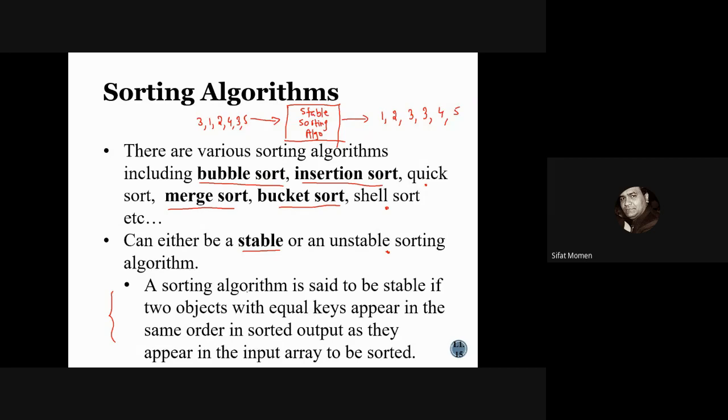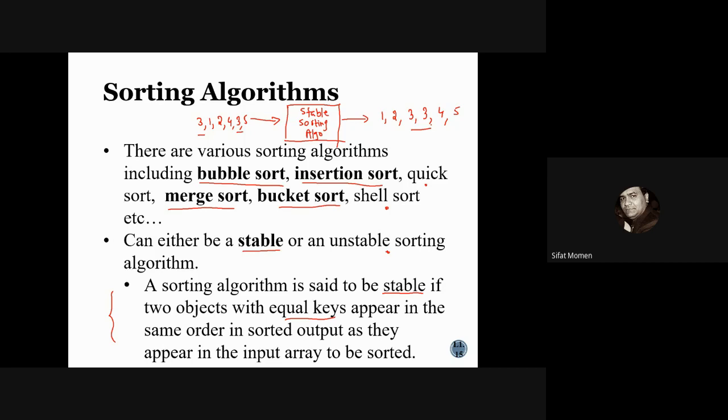A sorting algorithm is said to be stable, when would I call it stable? If we have two objects with equal keys. Do I have any object over here with equal keys? Did equal keys repeat here? Yes, sir, 3 and 3. That's why we have got 3 and 3 here, right?